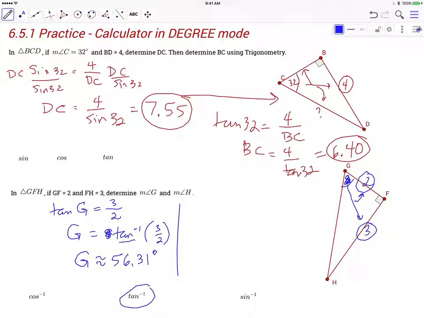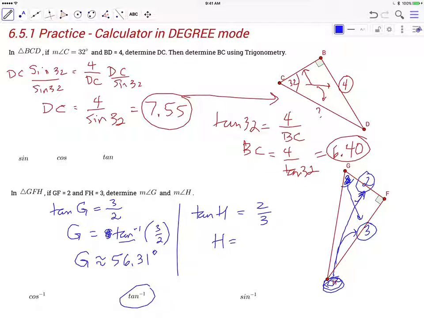Now we could find H by subtracting from 180, or we could also say that the relationship between H, and 2 and 3, in this case, opposite is 2 and adjacent is 3. And so tangent of H is 2 over 3. This is a good way to practice.